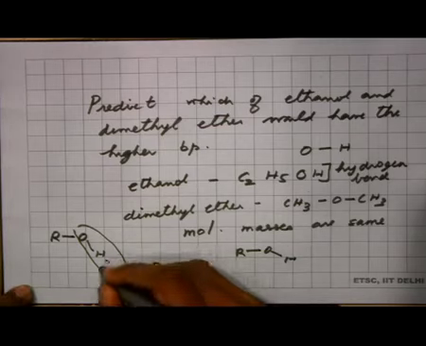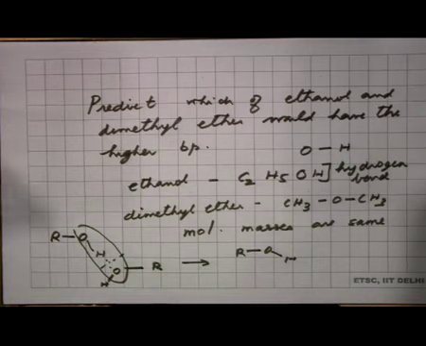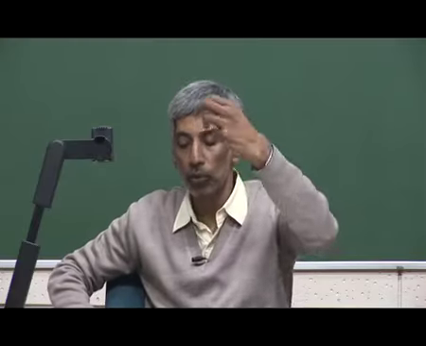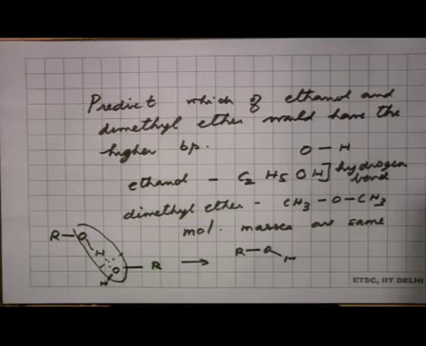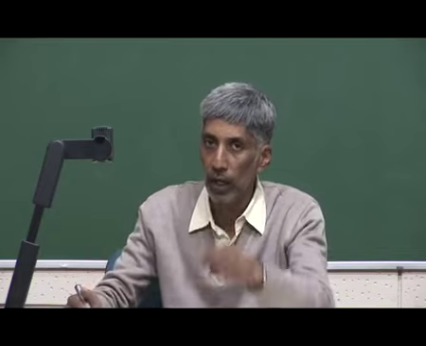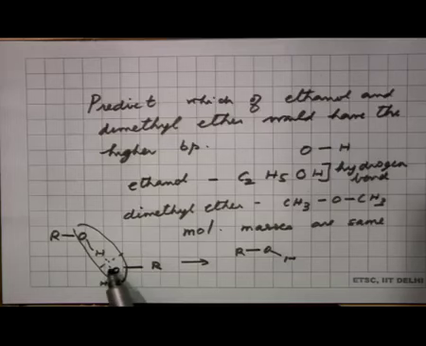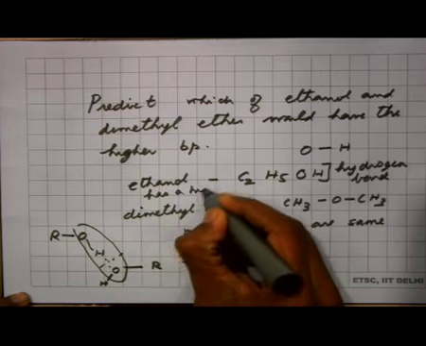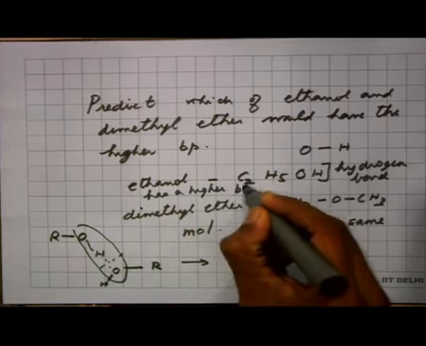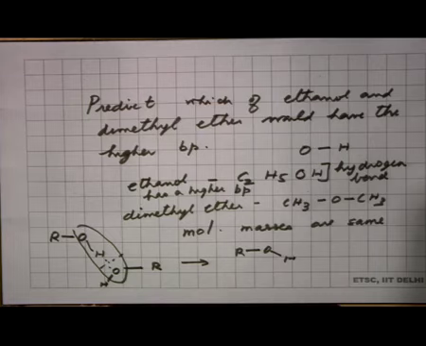So, you have to break this bond, and the more bonds you have to break and the stronger this bond is, you will have to provide more energy, which means that you have to go to higher temperature to boil this. So, ethanol, you would imagine, has a higher boiling point than dimethyl ether. So, this is the way one would analyze this particular situation.